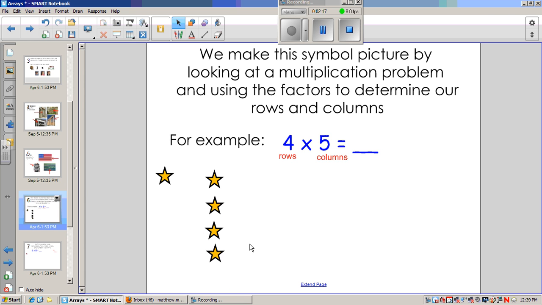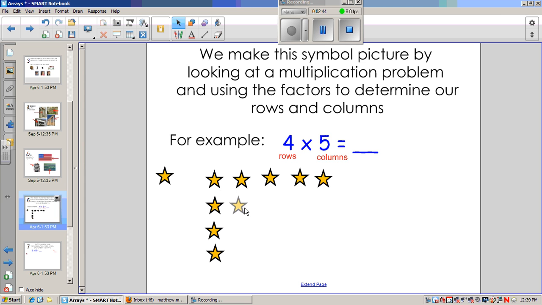So I now have 4 rows because I have 4 lines that go across. And it says I need 5 columns. Well, I already have 1 column right here. Here's 2, 3, 4, and now 5. So you'll notice there's 4 rows, 5 columns. And the last thing I need to do, I need to fill in the stars in each of those.